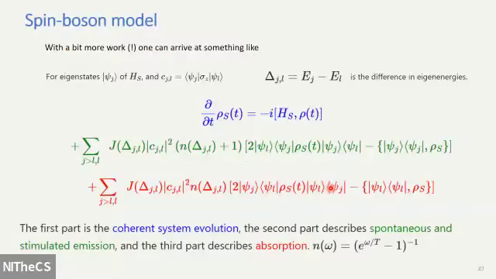Yeah. What's the distinction then between the Lindblad solver and this, because this looks like a Lindblad master equation? Yeah, basically nothing. So in QuTiP we have mesolve and brmesolve.